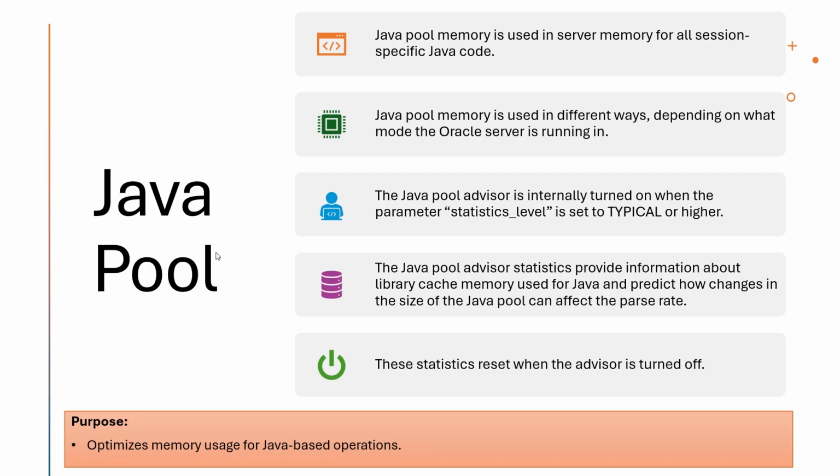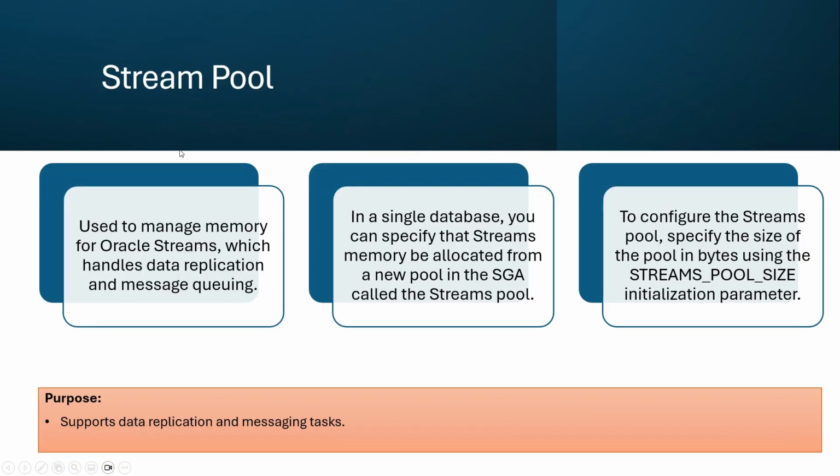Okay, memory structure. And then after Java pool, we have another called streams pool. So streams pool is also another optional memory structure. It will only be used to manage memory for Oracle Streams, which handles data replication and message queuing.